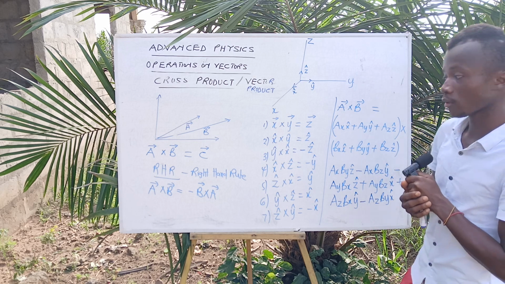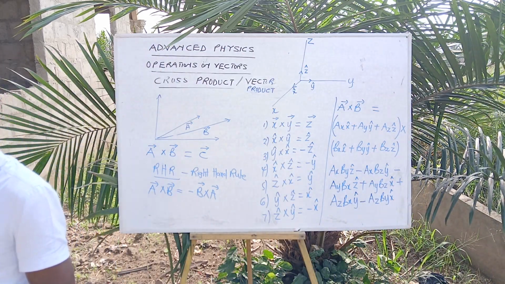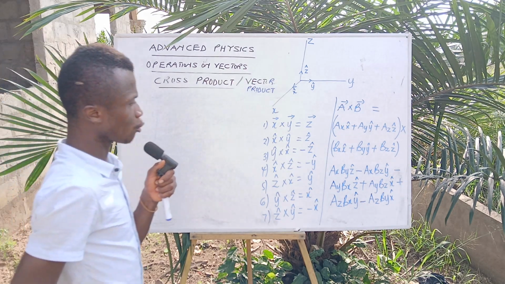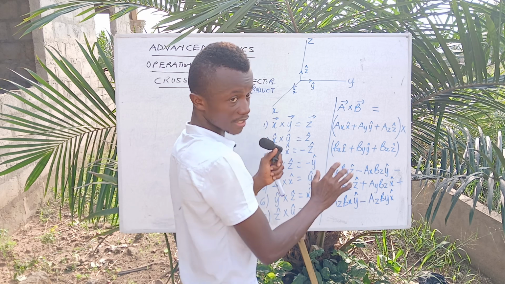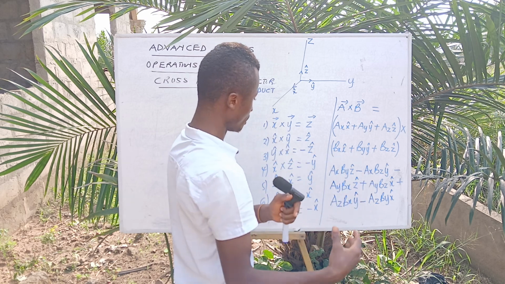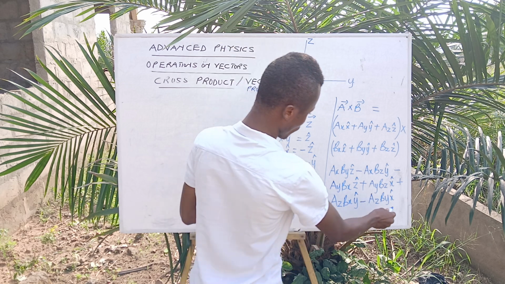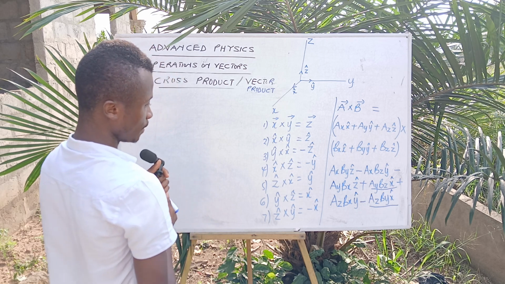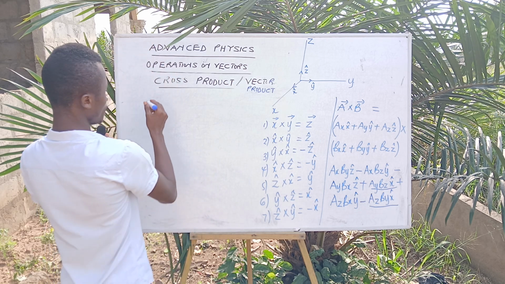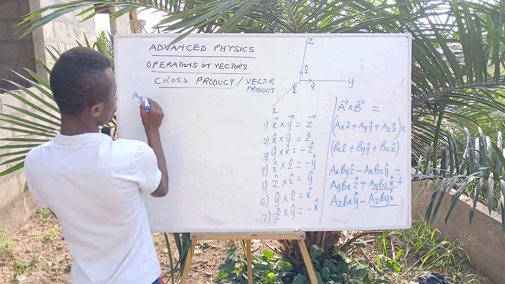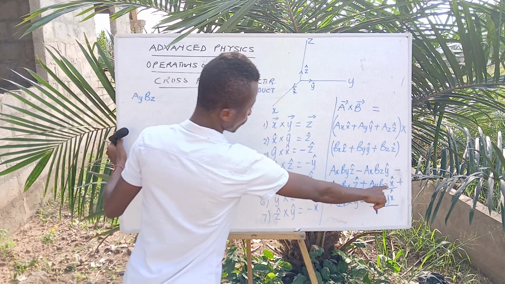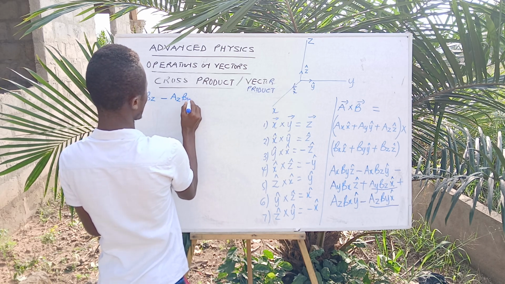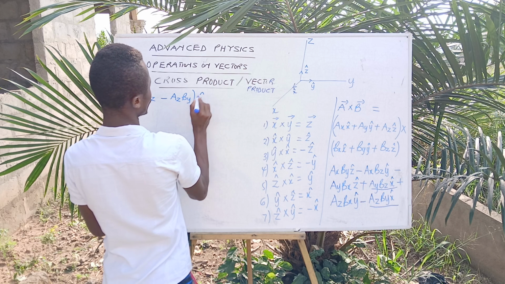But let's summarize them by grouping like terms. If we group like terms, then we are grouping the x-hats at one side, y-hats, then z-hats. Let's start with the x-hats. For the x-hats, we have one here, then one also here. The first one being AY BZ x-hat, minus AZ BY, of course, x-hat.